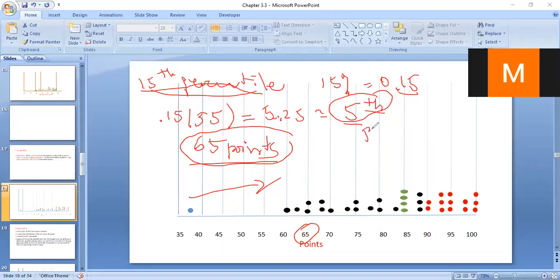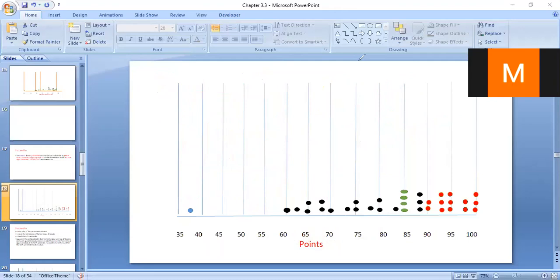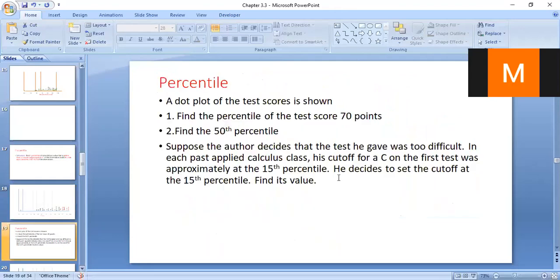But if you are given the point to find the percentile, you count the scores less than the point, you get 8, and divide by 35, and you get the percentile. This is the reciprocal. Given a percentile, find the value, and given the value, find the percentile. Any other question about this problem?